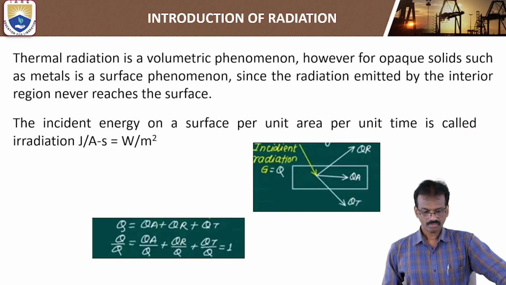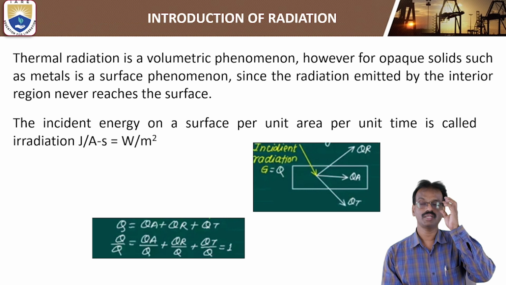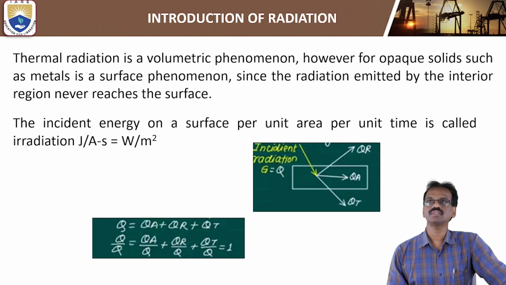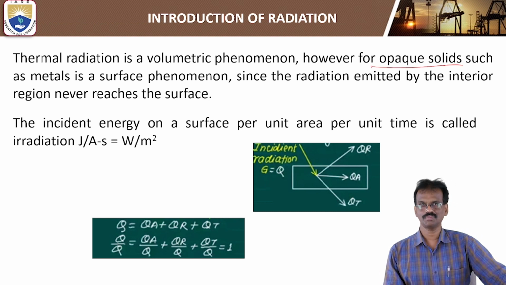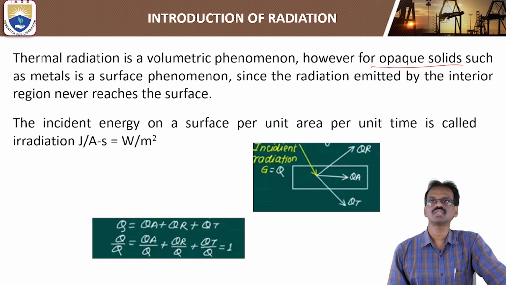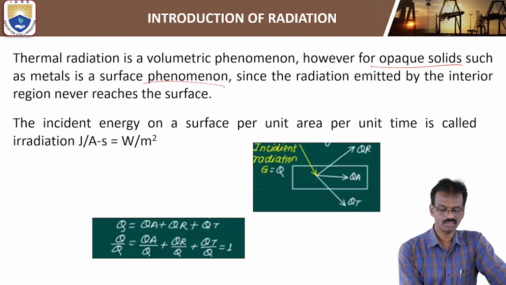So thermal radiation is a volumetric phenomenon. For some opaque solids, opaque solids means just like metals, it is a surface phenomenon: radiation emitted by the interior region never reaches the surface.